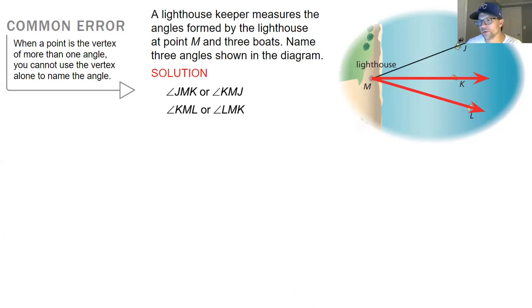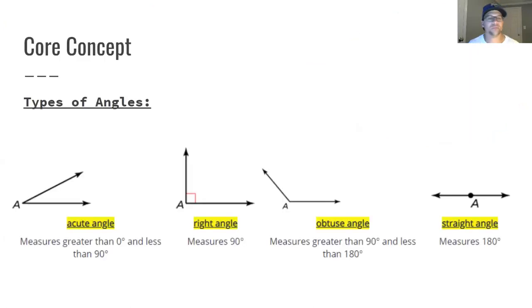Now the final one is going to be the larger angle that is around both sides. So you have the side JM and LM. Again, your vertex is the point that has to be in the middle. So your M is between your J and L, and you could say JML, or you could flip it in reverse, LMJ. And those would be three names of the angle in the diagram.